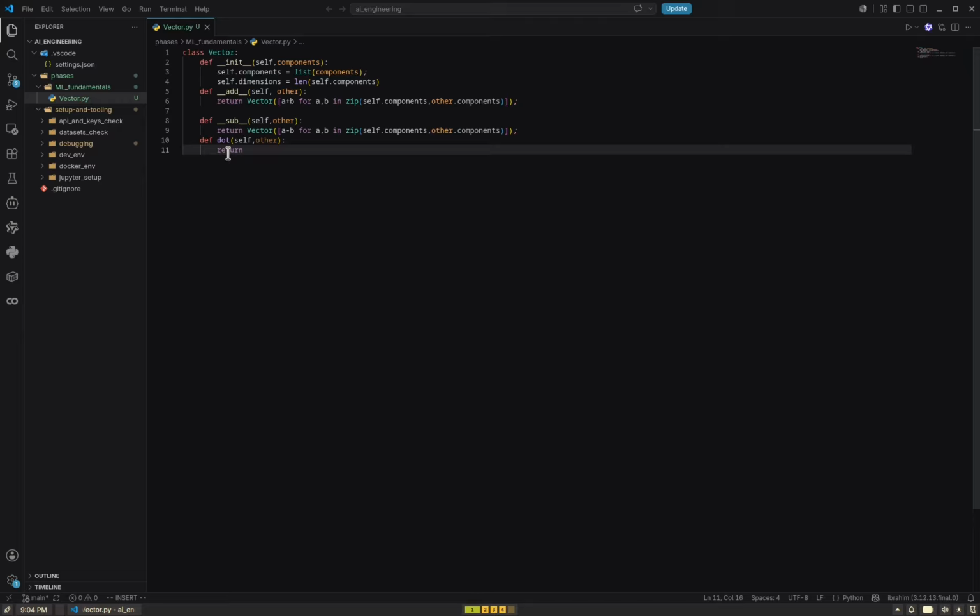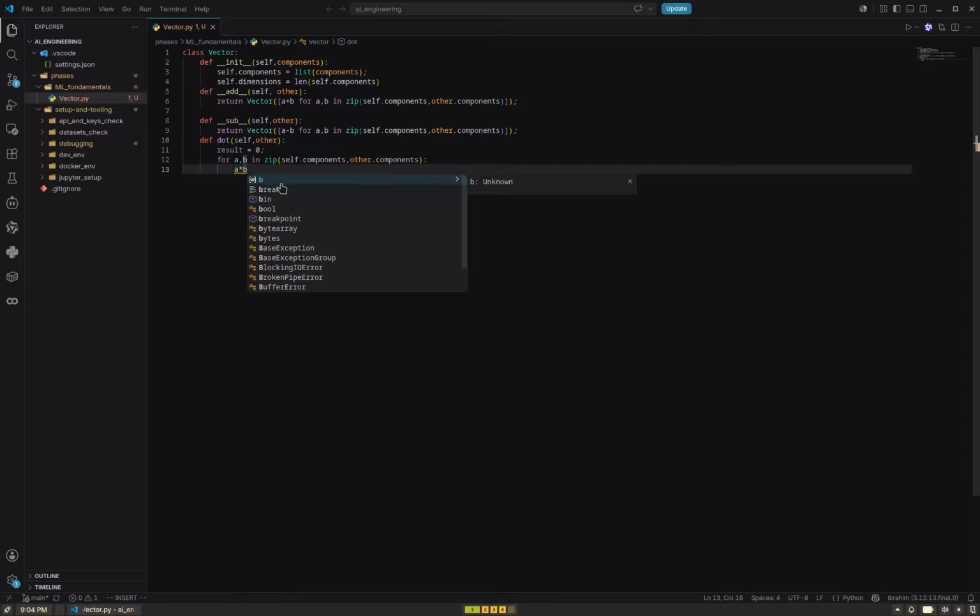Hmm. I could do this, for example: result is equal to 0. And I could simply do, for A and B in zip self dot components and other dot components, I simply multiply A by B and add that to the result.